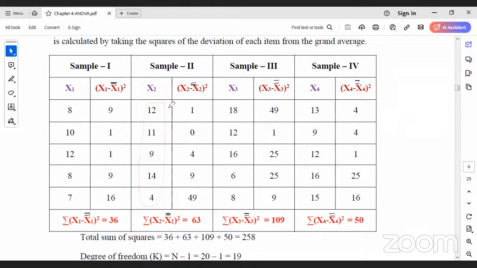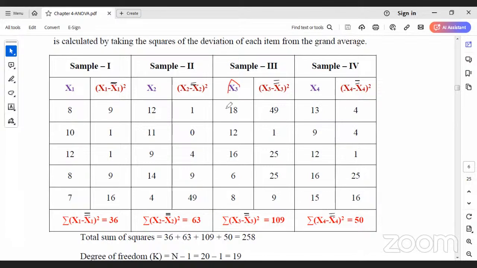Then x2 minus x double bar whole square. 12 minus 11, 1. 1 square, 1. 11 minus 11, 0. 9 minus 11, 2. 2 square, 4. 14 minus 11, 3. 3 square, 9. 4 minus 11, 7. 7 square, 49. The total is here 63.